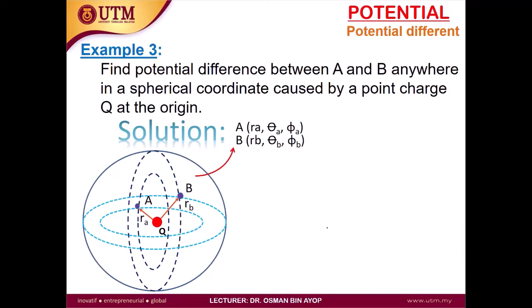But you must remember that the potential on an equipotential surface is the same. That means we don't bother about the value of theta and phi. You only concern yourself with the radius, where when our point of interest is further away from the charge Q, the magnitude will decrease.